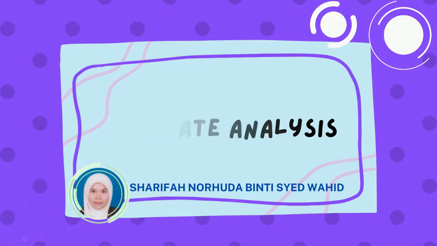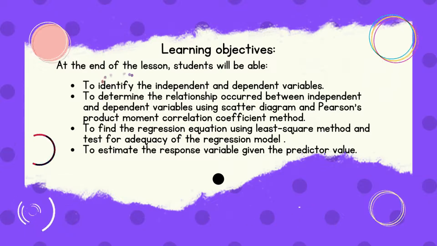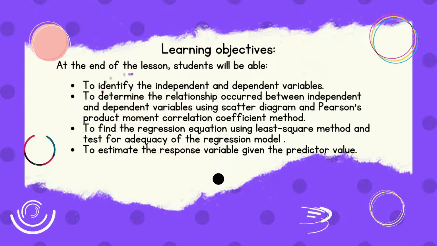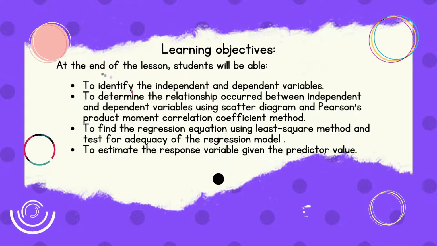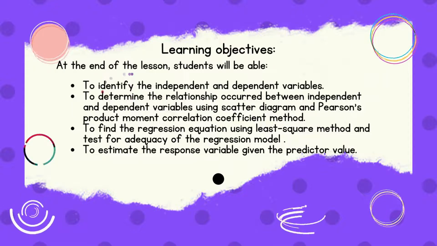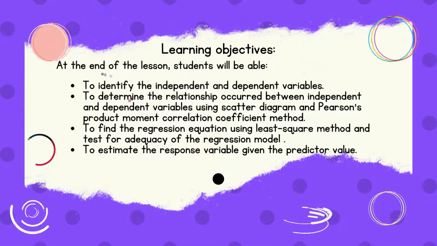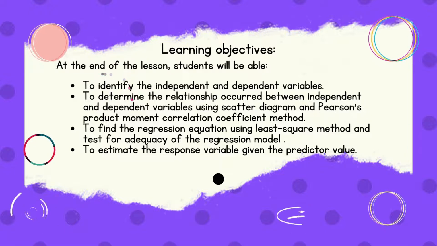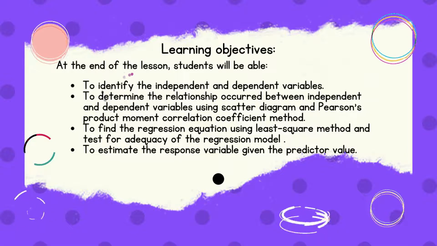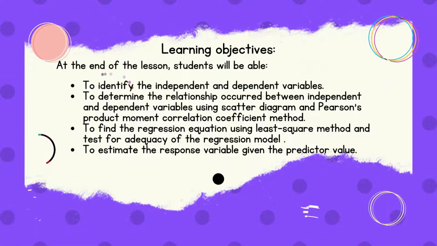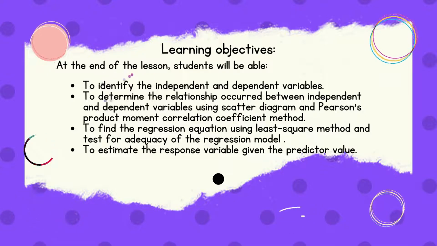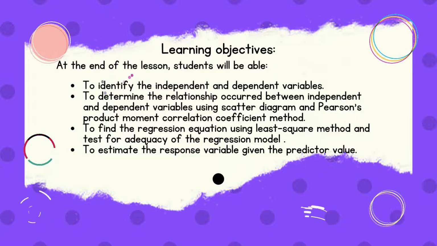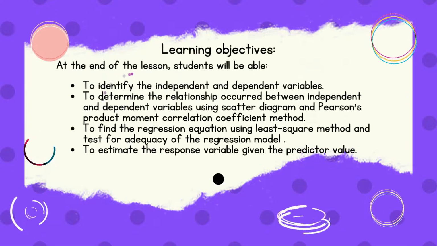So what is the learning objective of the topic? At the end of the lesson, you will be able to identify the independent and dependent variables. You can determine the relationship or correlation between independent and dependent variables using scatter diagram and Pearson's product moment correlation coefficient method.